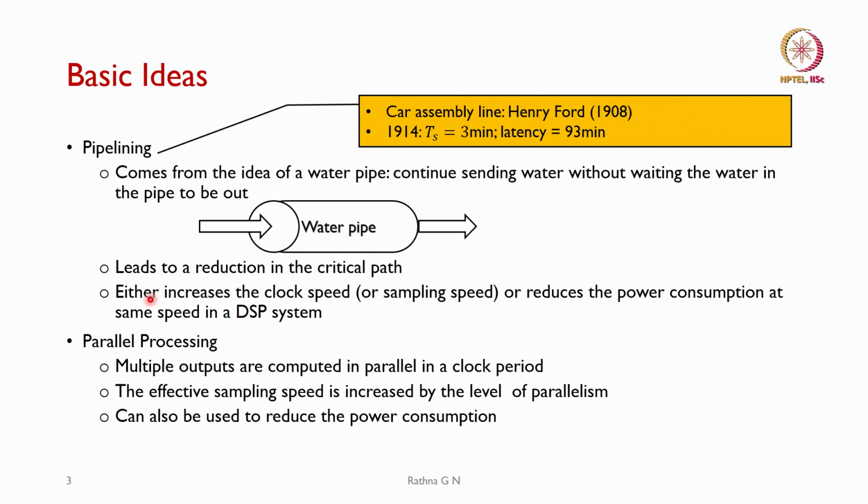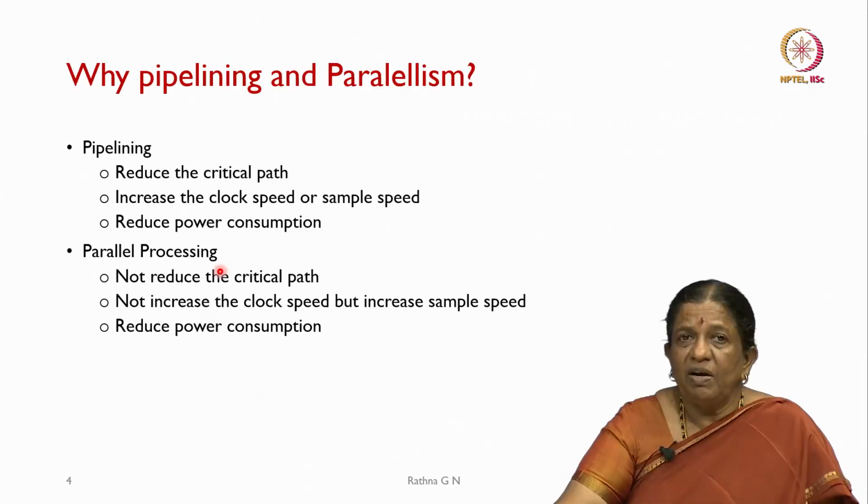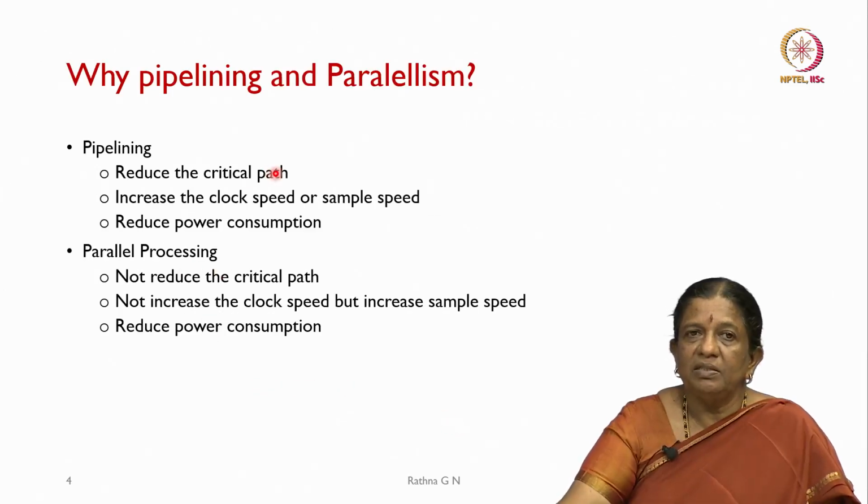For parallel processing, multiple outputs are computed in parallel in a clock period. The effective sampling speed is increased by the level of parallelism, or we can reduce the power consumption. So, why do we need pipelining and parallelism?